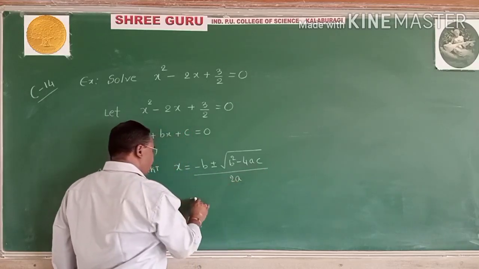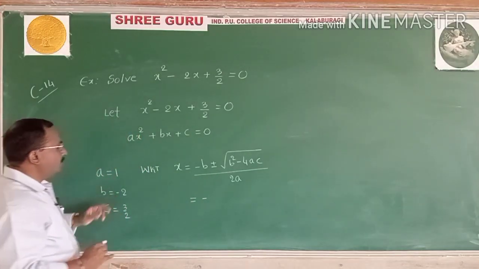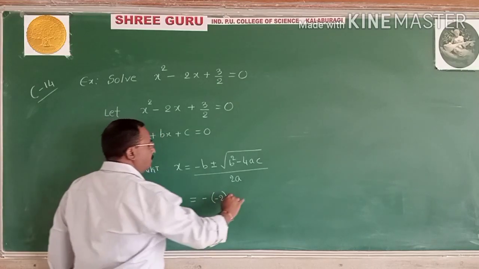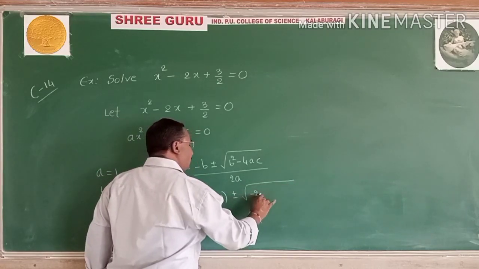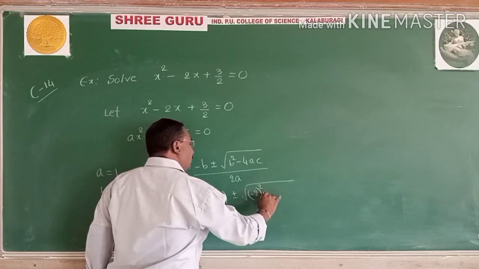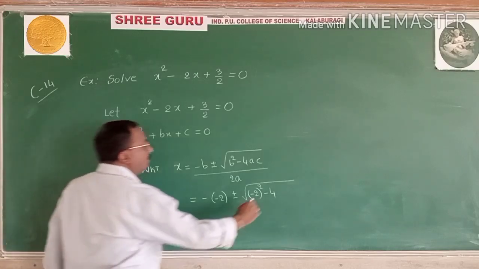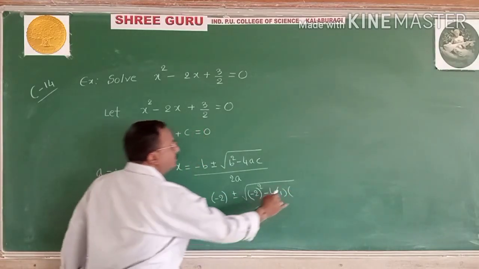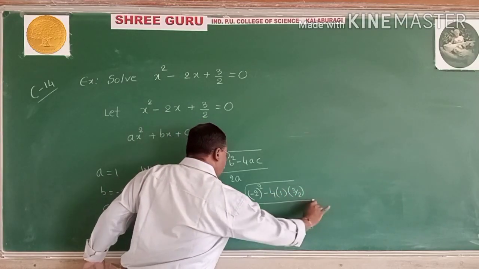Here minus b, b value is minus 2, plus or minus square root of b square, minus 2 whole square, minus 4, a value is 1, c value is 3 by 2, divided by 2a.